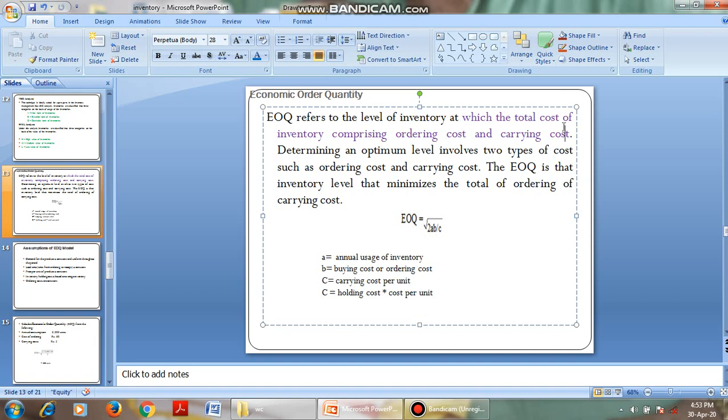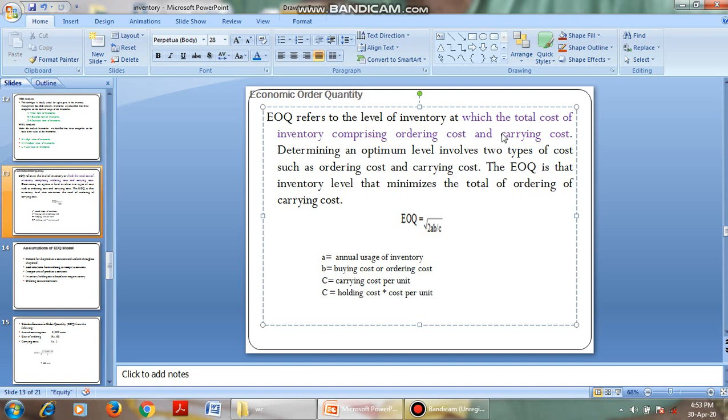Ordering cost is the cost incurred to order the inventory. For example, if you want to order an inventory, it requires some cost, which is called ordering cost. Okay, carrying cost. What is carrying cost? To carry that inventory, there is some cost, we call it carrying cost.